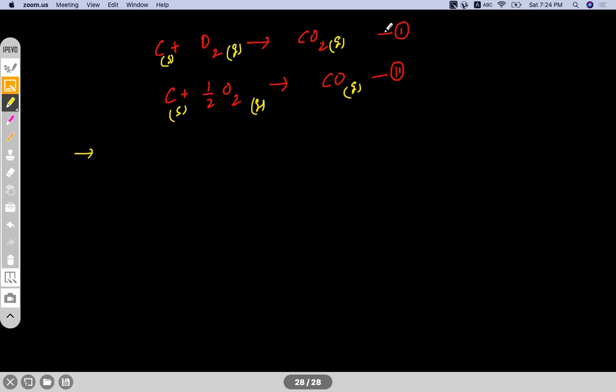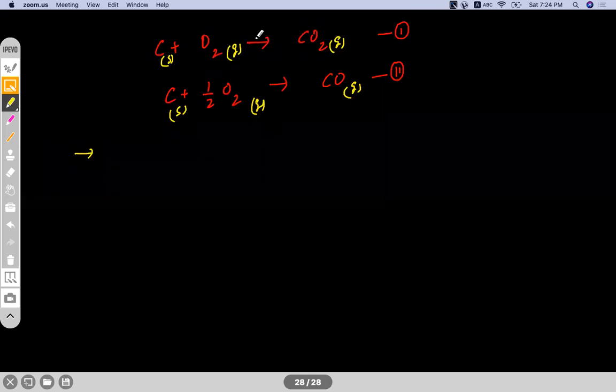Correct? So you see 1 mole of O2 gets consumed and 1 mole of CO2 forms. So if you look at delta S, the change in entropy here, it is minimal, almost zero. Because we have two different gases, we cannot say delta S equals 0, but the change is not that great. Hence the change in delta S is minimum over here.